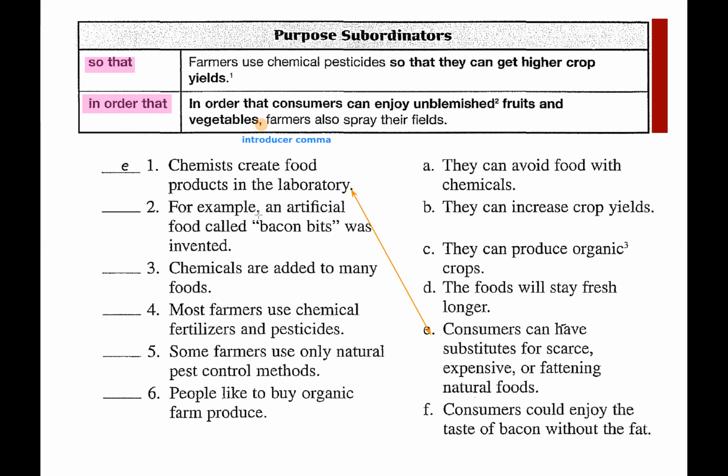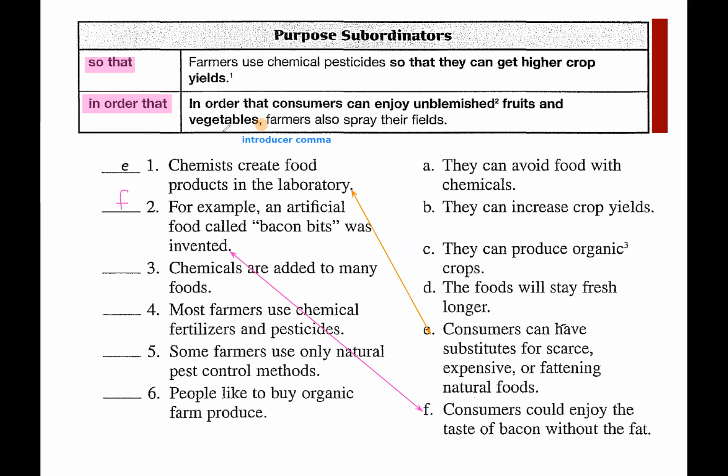For example, an artificial food called bacon bits was invented. Why was it invented? The purpose is for consumers to enjoy the taste of bacon. So I can say, an artificial food called bacon bits was invented in order that consumers could enjoy the taste of bacon without the fat. Okay, so it matches with F.